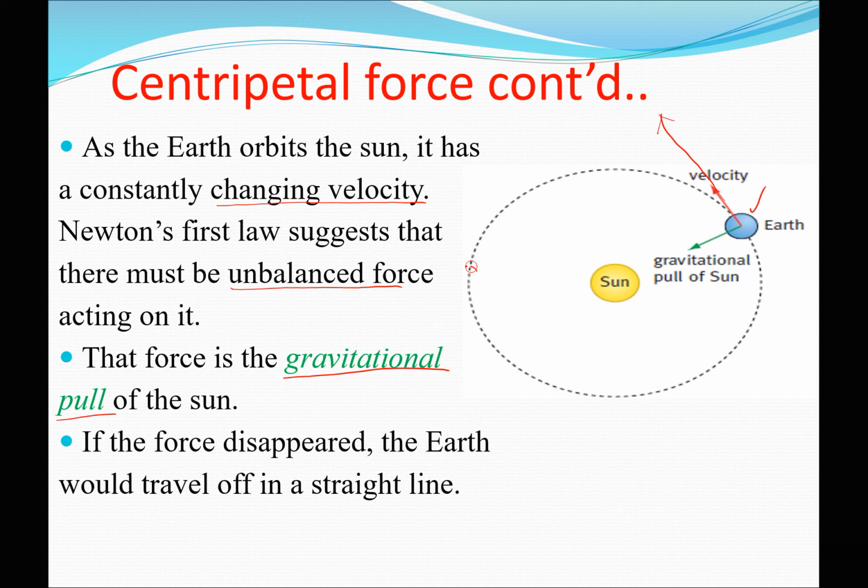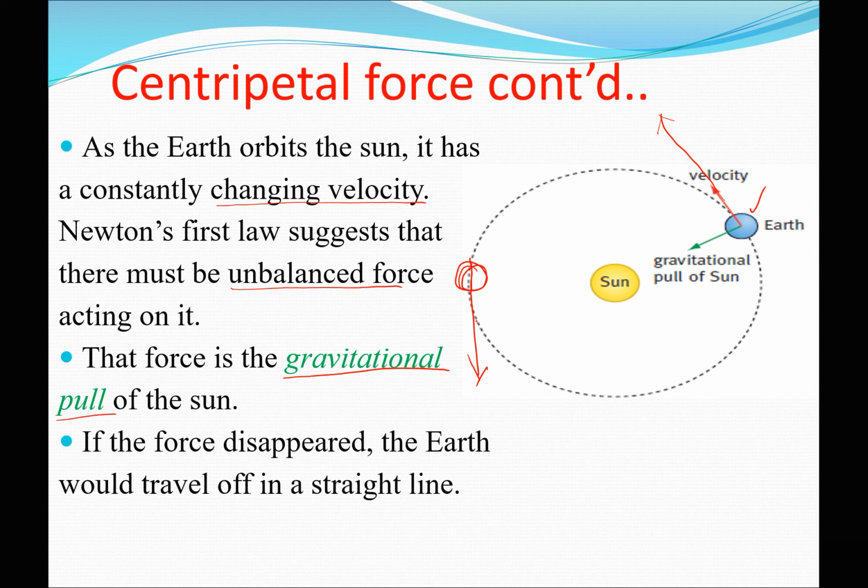If the Earth was somewhere here and the gravitational pull of the Sun is lost, then it would continue at a tangent in that direction until maybe another gravitational field comes into play.